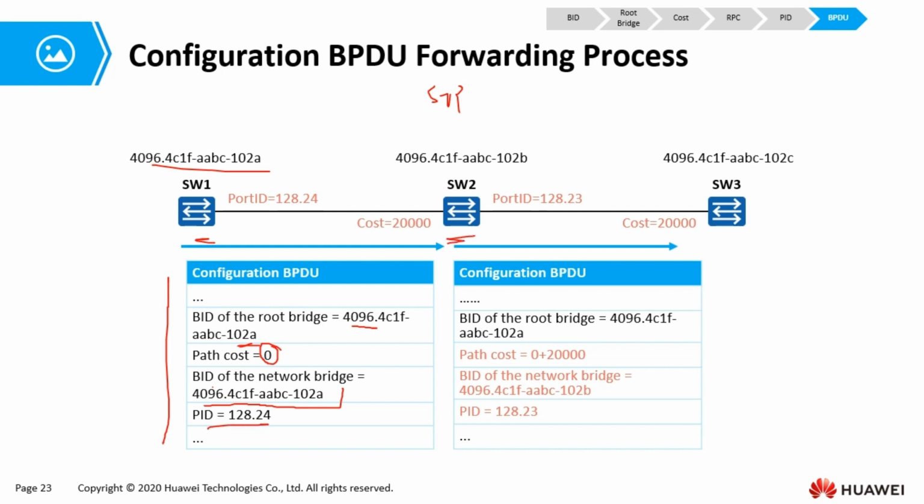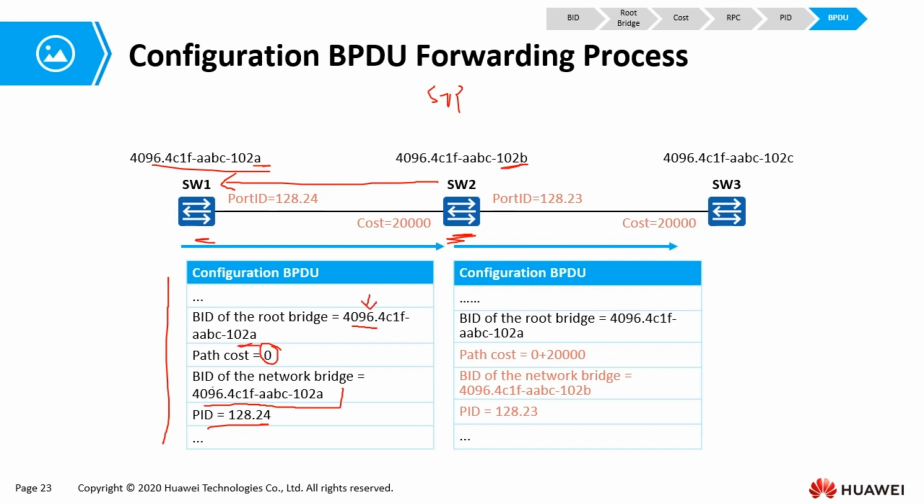Switch B will also send its configuration BPDU to switch A. When switch A receives it from switch 2, because the bridge ID is larger than switch A's, switch A decides itself as the root bridge.